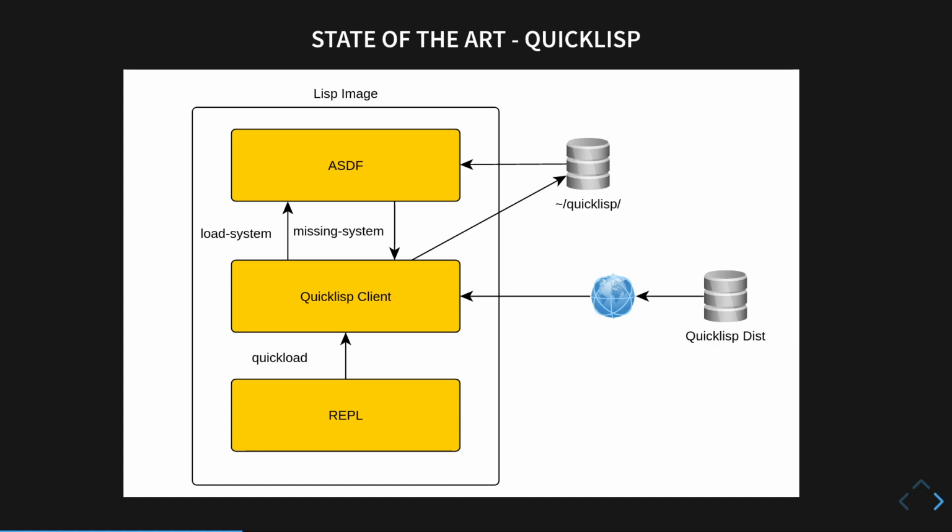Resolution happens entirely in the Quicklisp client, using both metadata provided by the Quicklisp project index, fetched over the internet, and signals from ASDF about missing systems, for example, if the metadata is incomplete. Installing also happens entirely in the Quicklisp client. This means that for interactive development, your image needs to contain all the code for every dependency management task.